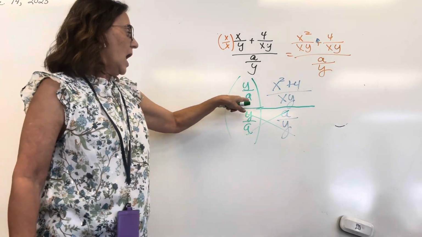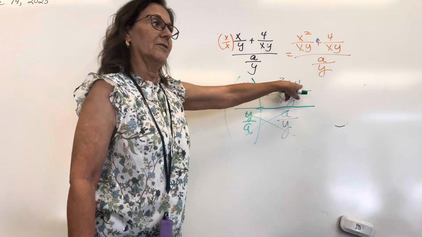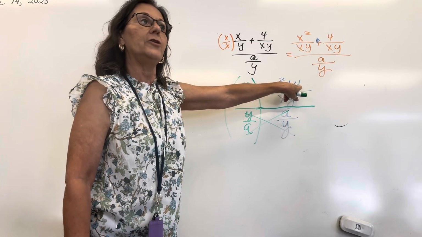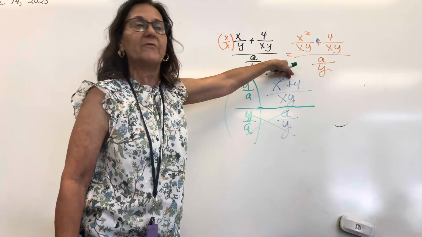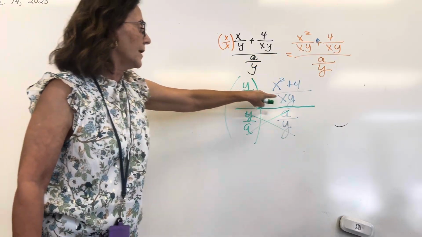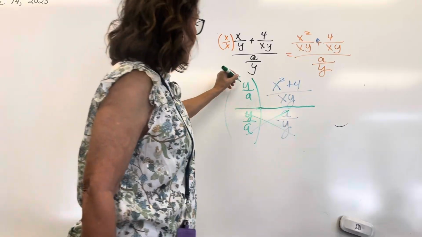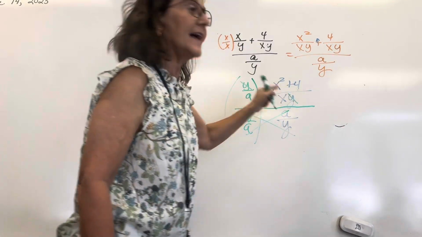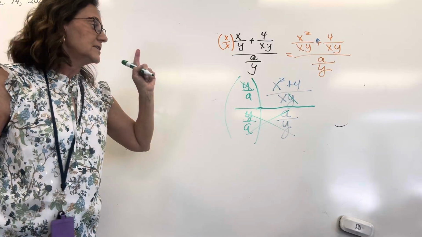Now, could I simplify anything from a to here? No, because it's added. Even if I had a like term, I cannot simplify. But can I simplify numerator to denominator? Yes. I can eliminate the y because everything in that denominator is multiplied.